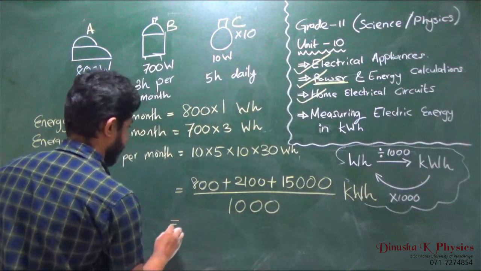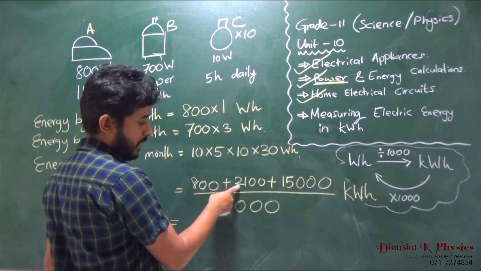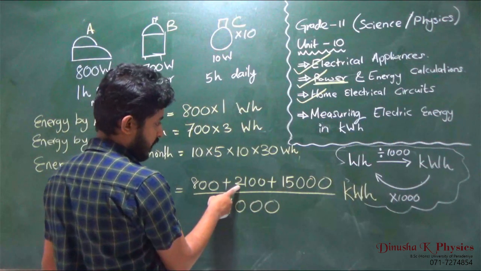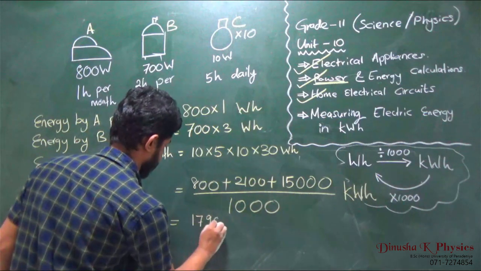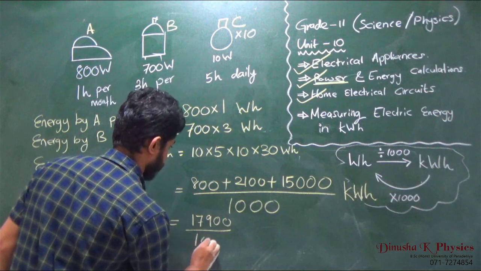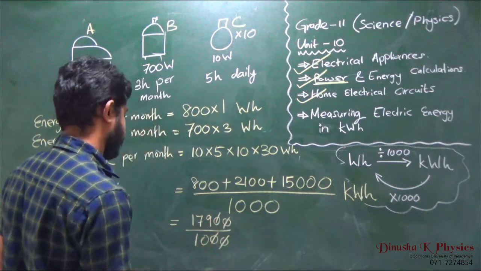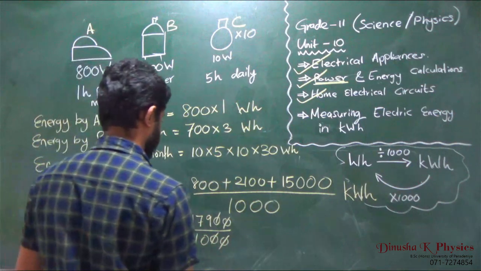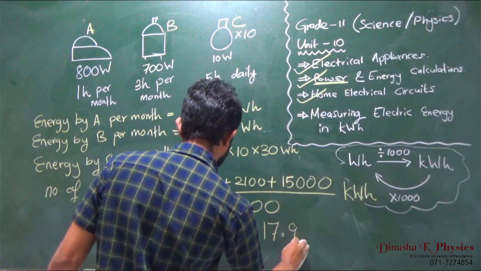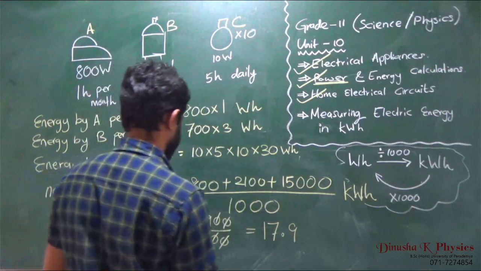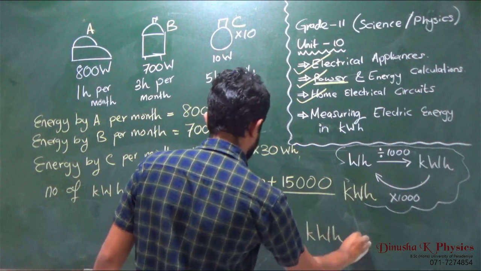So let's add those things. Here 800 plus 2100 means 2900. 2900 plus 15,000 is 17,900, divided by 1000 will give you 17.9 kilowatt hours.